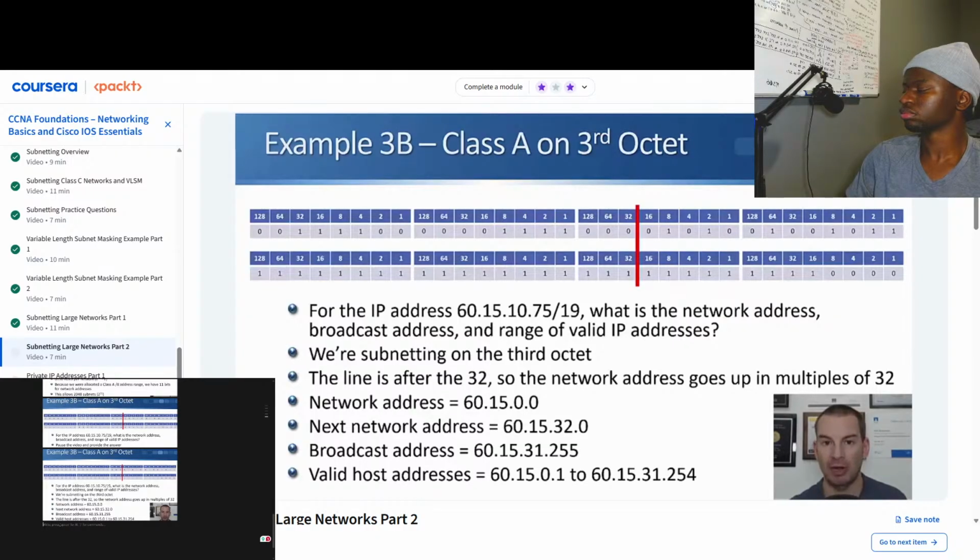And the valid host addresses will be between the network address and the broadcast address, so that's 60.15.0.1 up to 60.15.31.254. Okay, so the value on the fourth octet, the lower range is going to be a 1, the higher range is going to be the 254 for the hosts. The subnetting is done on the third octet if the subnet mask is anything between a 16 and a 24.